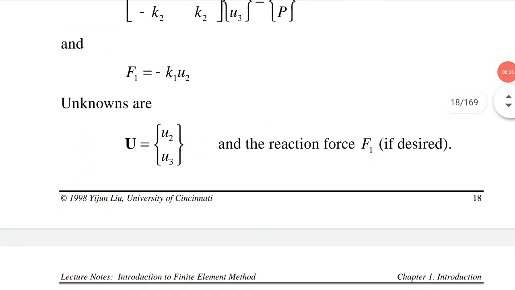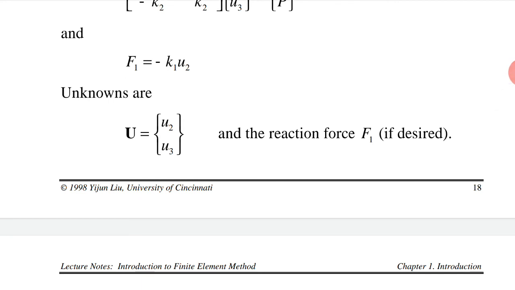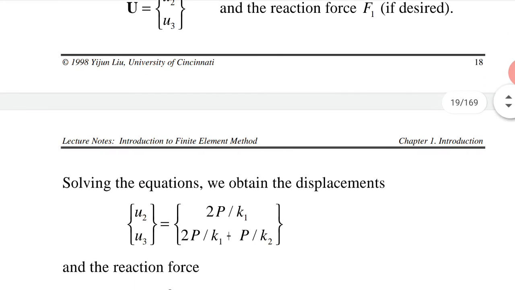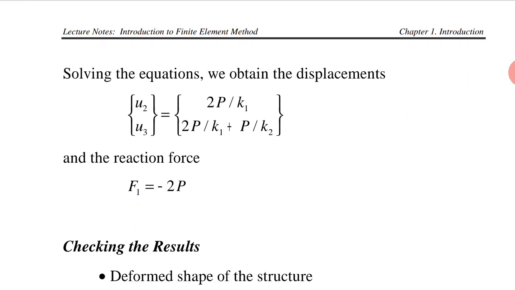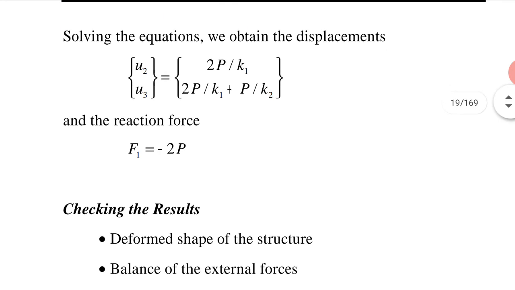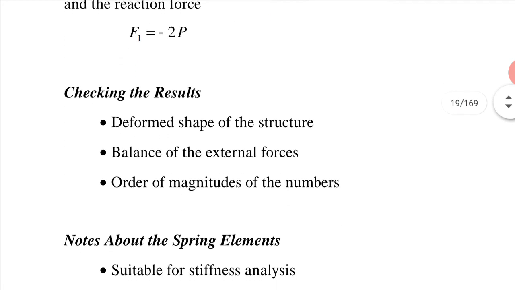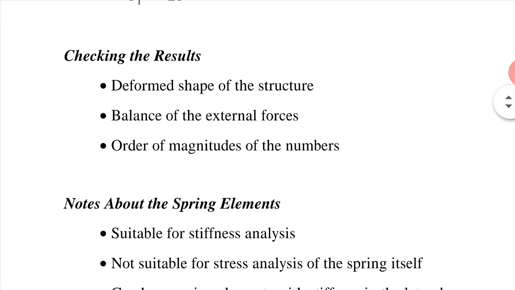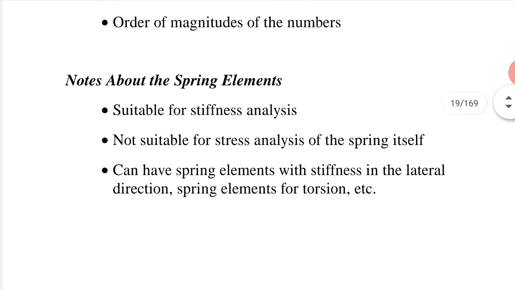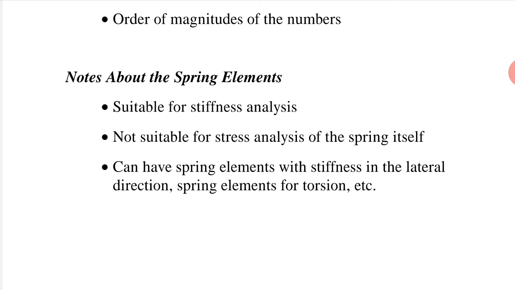So we can get the values of the forces also, and from these equations we will also get the reaction forces at the supports. We can also get the results from this whole process, that is the deformed shape of the structure, the balance of the external load, and the order of magnitude of the members.